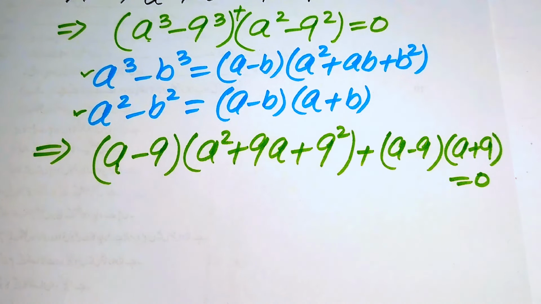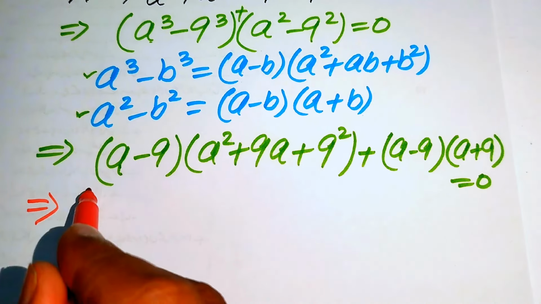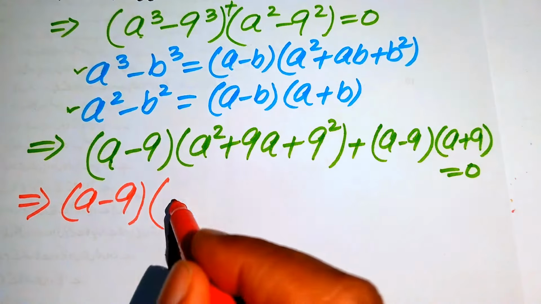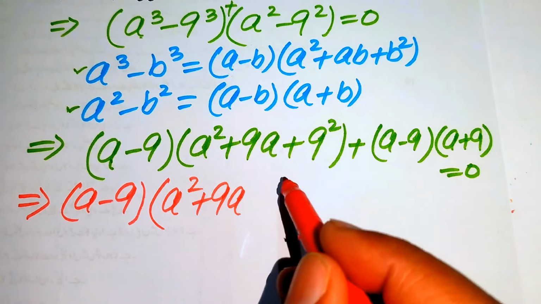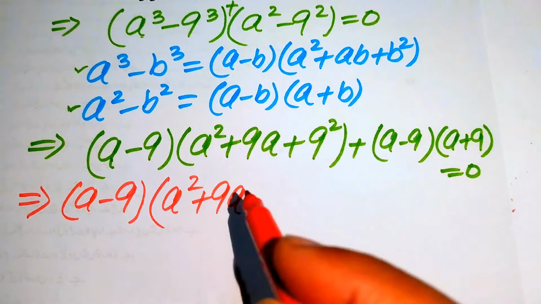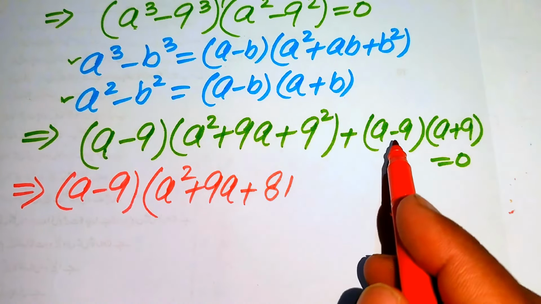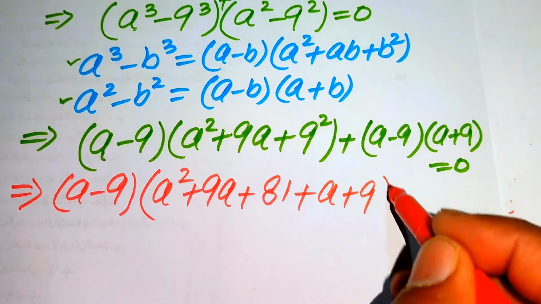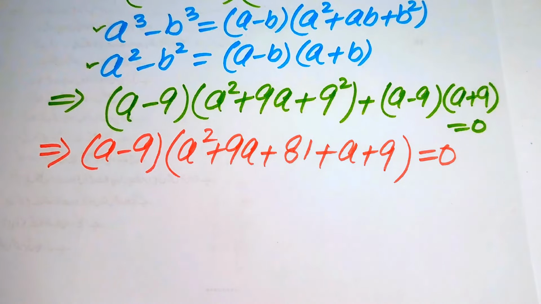Now you focus on both of these terms and you see that we have a minus 9 as the common factor. We take it common, and we obtain here a squared plus 9a plus 9 squared, and you know that 9 squared equals 81, and when we take common a minus 9 then we get here a plus 9, and this whole equation equals 0.